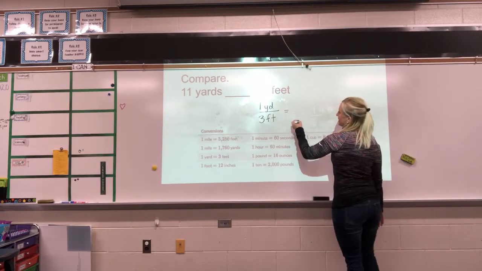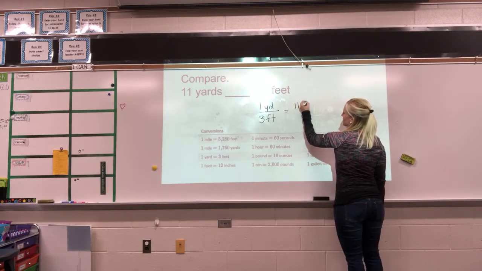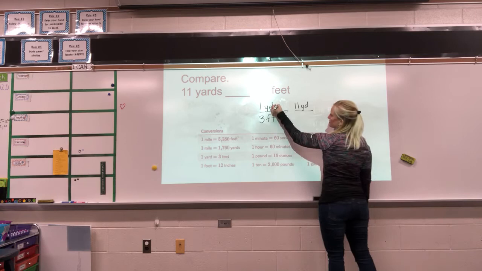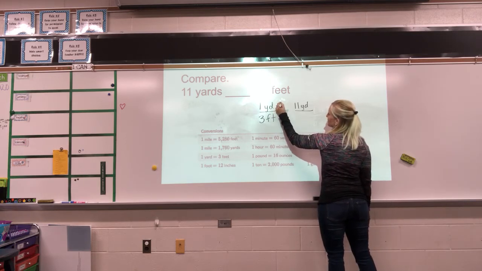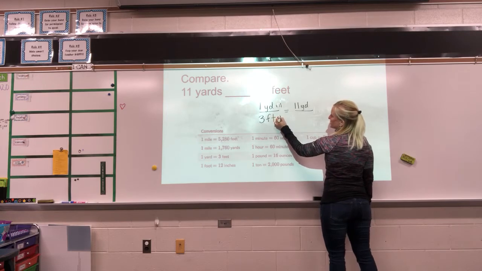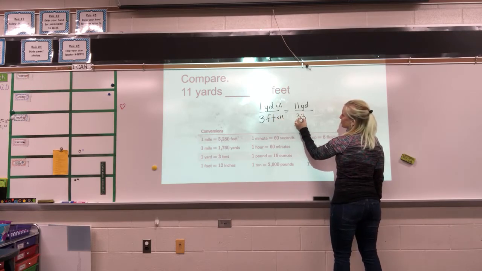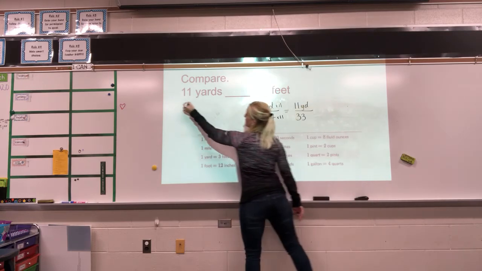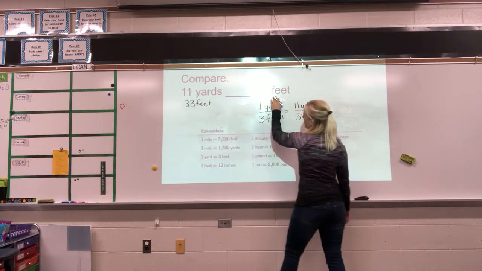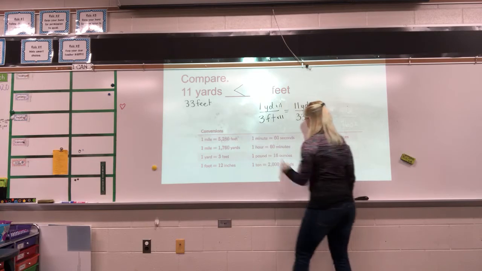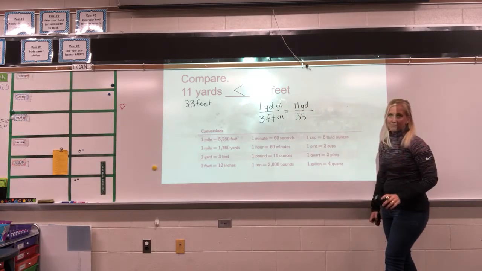And then I have 11 yards, and I want to know how many feet that is. So 1 times 11 is 11, so 3 times 11 is going to give me 33 feet. So this would be 33 feet. So I can easily compare the two now and see that 51 feet is going to be larger.